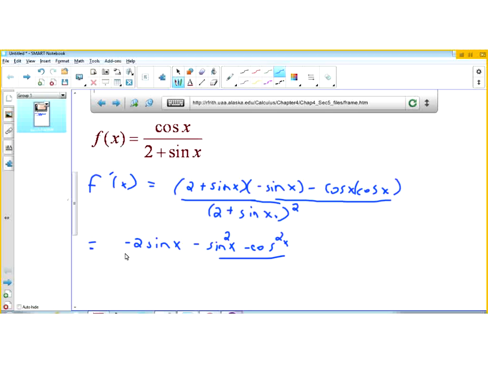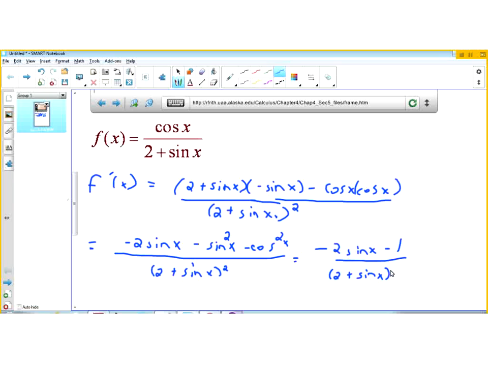Over 2 plus sine x quantity squared. And of course we can use the Pythagorean identity, so that would be equal to minus 2 sine x minus 1 over 2 plus sine x.